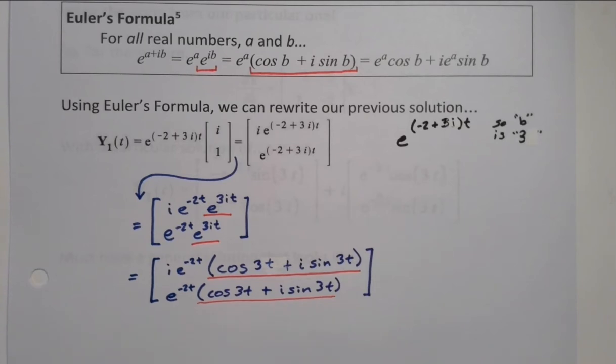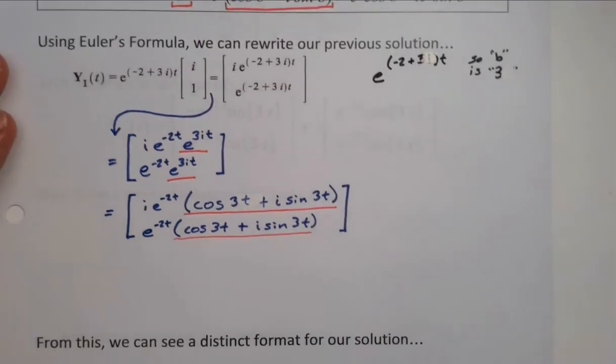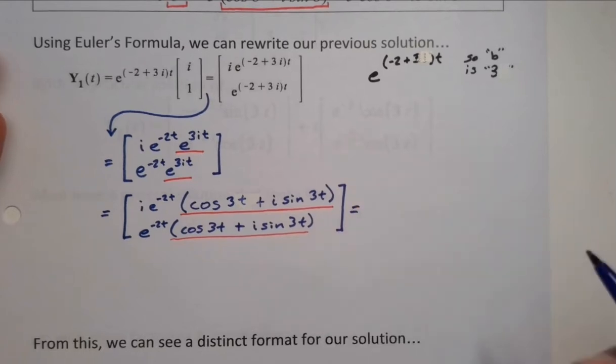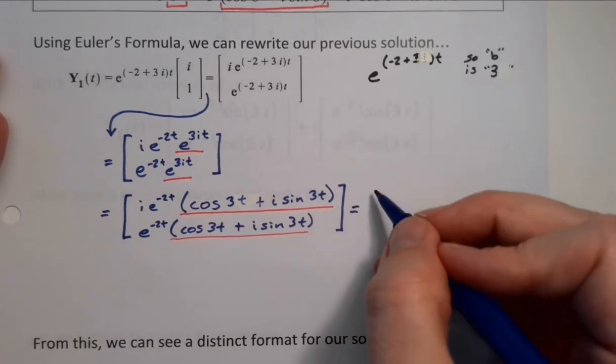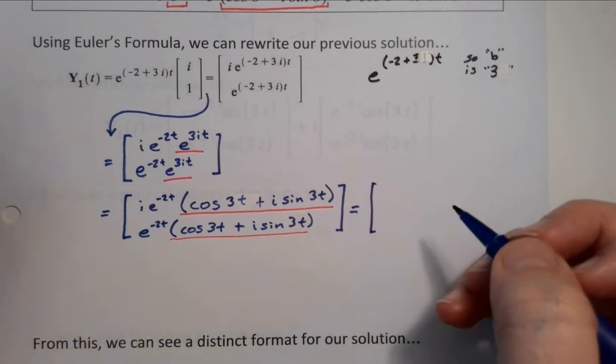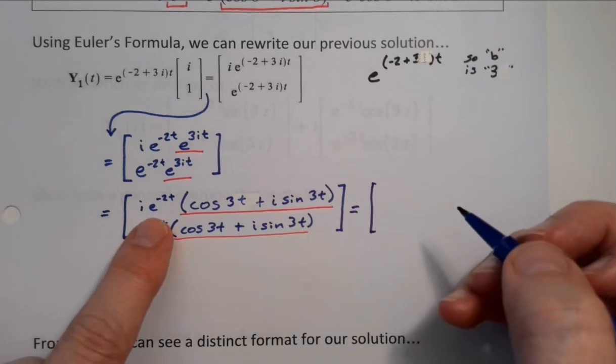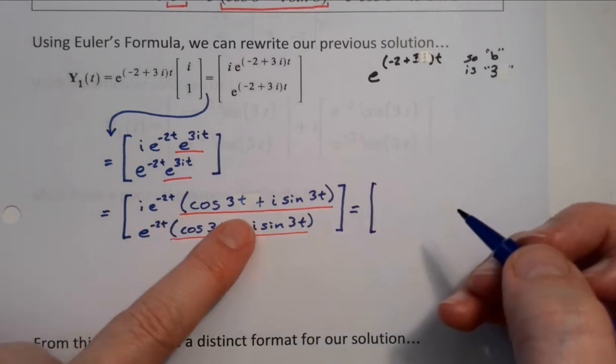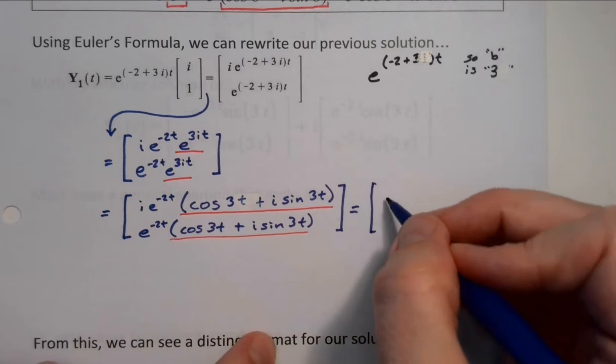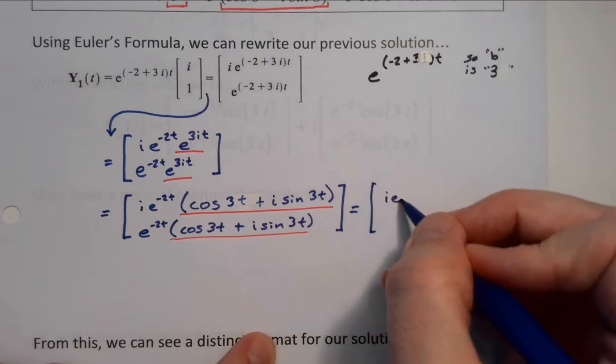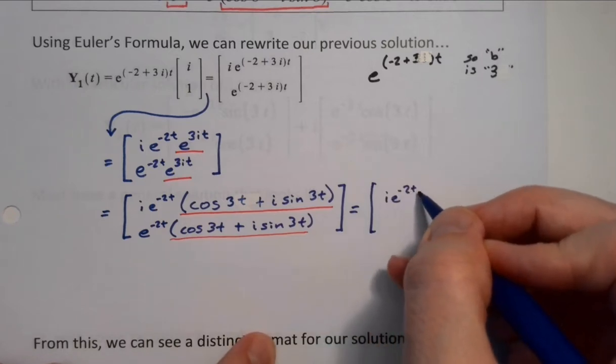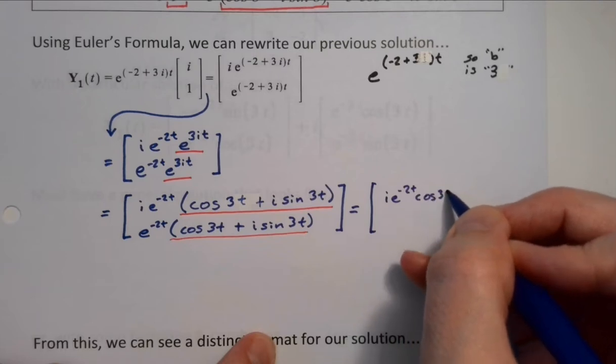Okay. And so now what we're going to do is multiply this out. And in order to save a little bit of space for myself, I'm going to multiply it out over here. I'm not doing anything other than multiplying through inside here. So it's just going to be i times e to the negative 2t times each one of these terms. So the first one would be i e to the negative 2t times cosine of 3t.